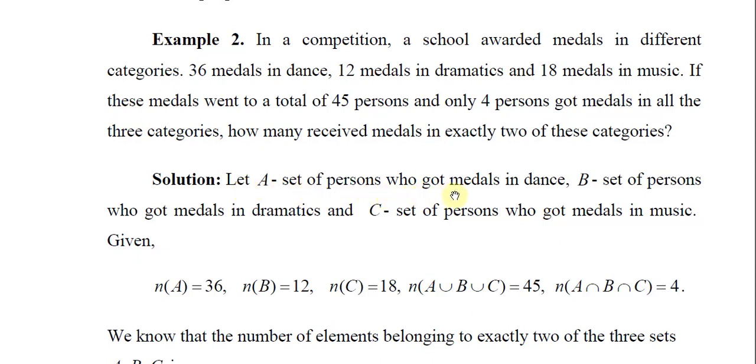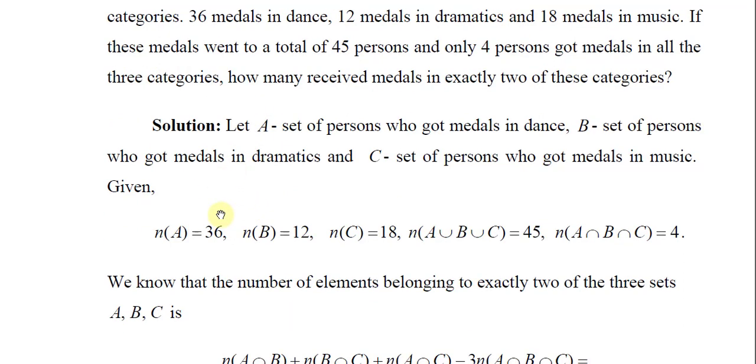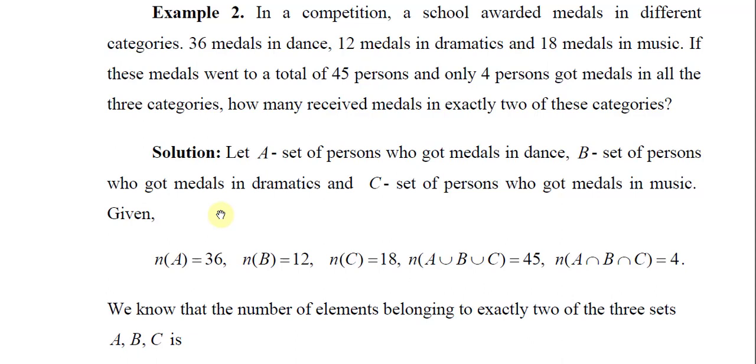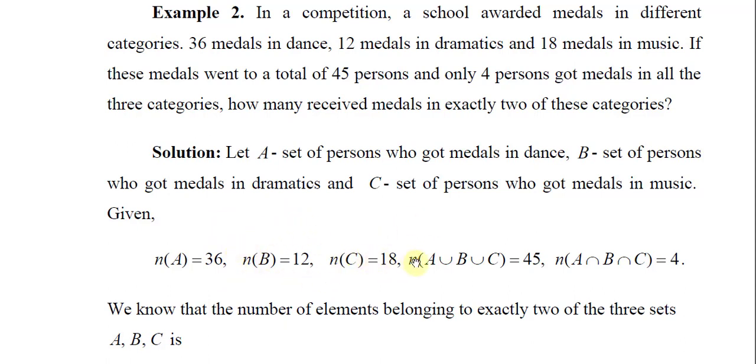Let A be the set of persons who got medals in dance, B the set of persons who got medals in dramatics, and C the set of persons who got medals in music. We have three types of competitions. So given n(A) is 36, n(B) is 12, and n(C) is 18.